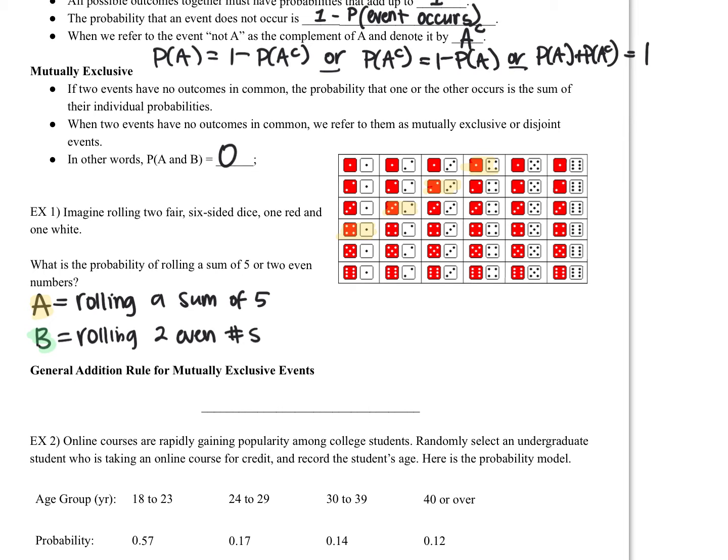I have 4 outcomes here. So a red 1 and a white 4, a red 4 and a white 1, and then the same thing with the 2 and the 3. Okay. For 2 even numbers, I'm going to look through: 2 2s, 2 4s, and 2 6s, with the red and then the white.